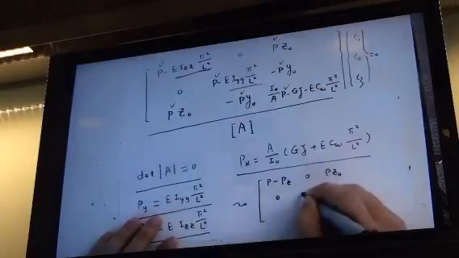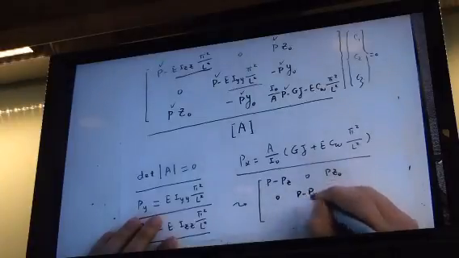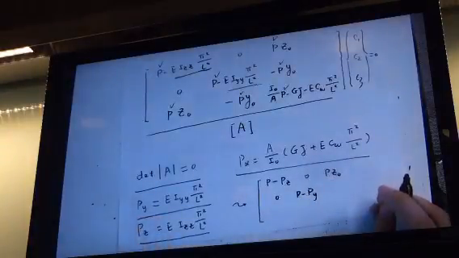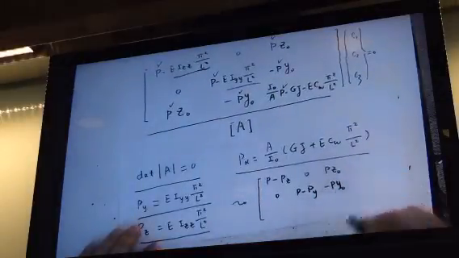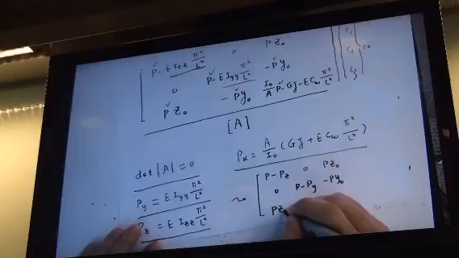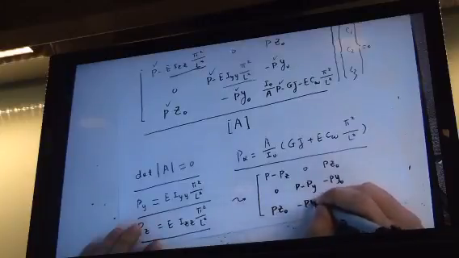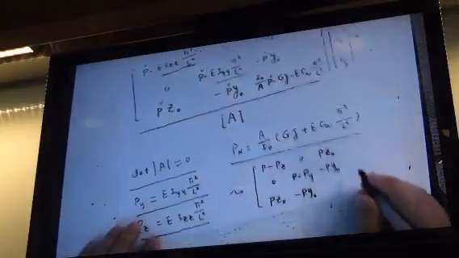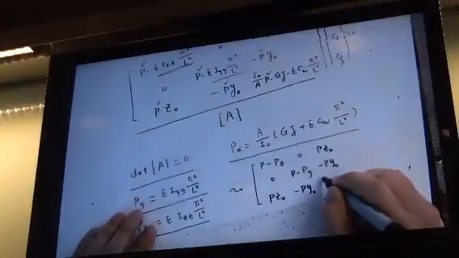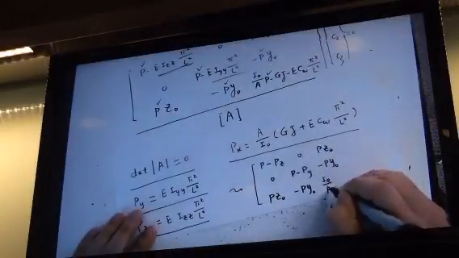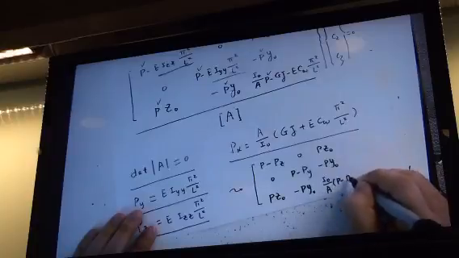This one is 0. This one becomes P minus Py, because you define that term here. And this one is minus Py0. This one is P0. This one is minus Py0. This last term becomes I0 divided by A, times P minus P alpha.